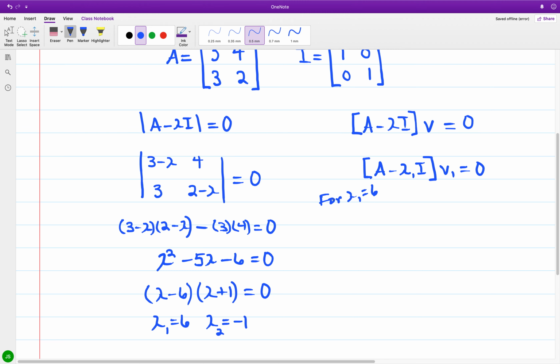So just filling in, if you go back to the determinant setup, with lambda equal to 6, you have 3 minus 6, so this will be negative 3, then 4, then 3, and 2 minus 6, so this will be negative 4.